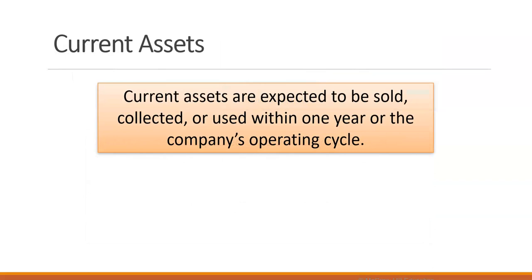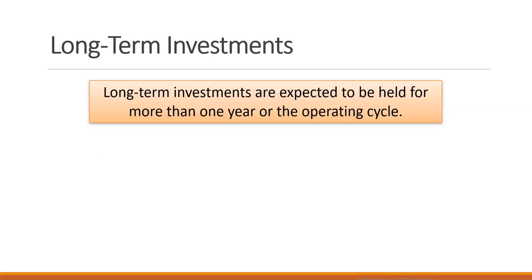Our current assets are expected to be sold, collected, or used within 1 year or the company's operating cycle. Our current assets include cash and accounts receivable. Our long-term investments are expected to be held for more than 1 year or the operating cycle.